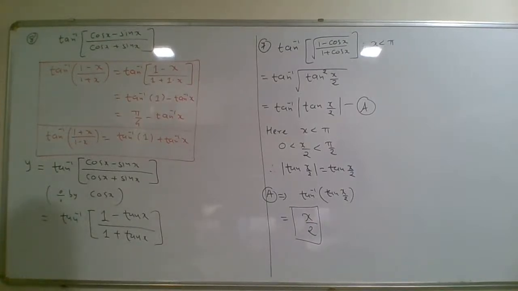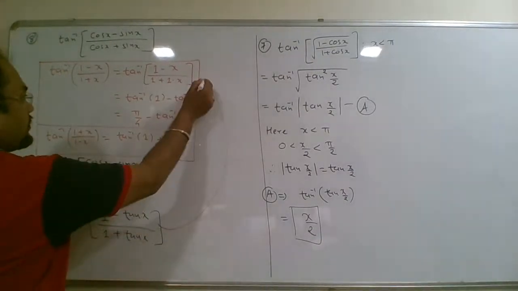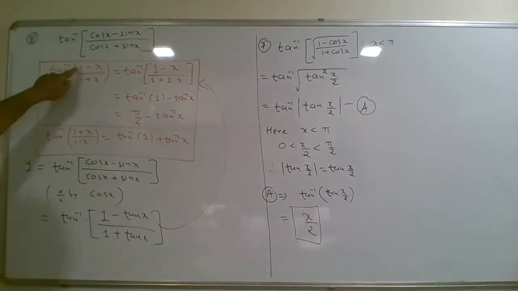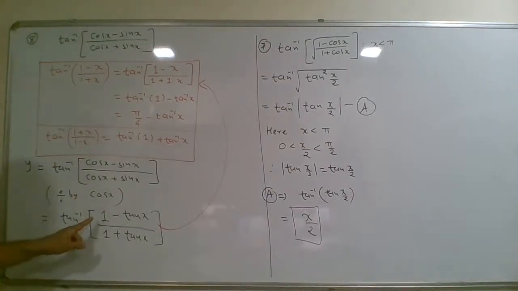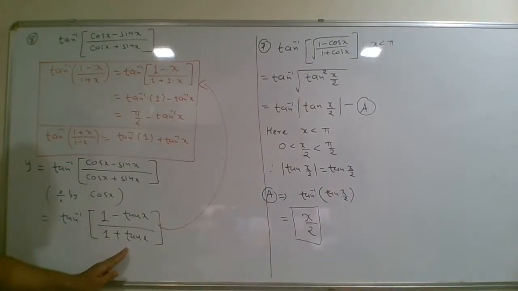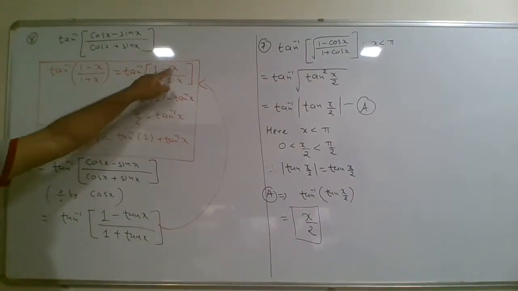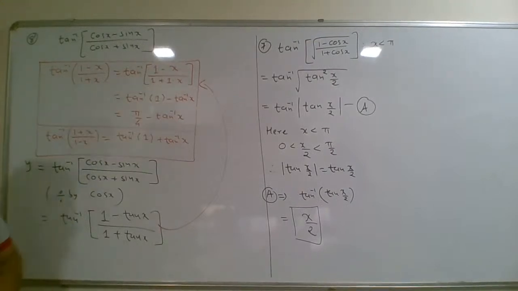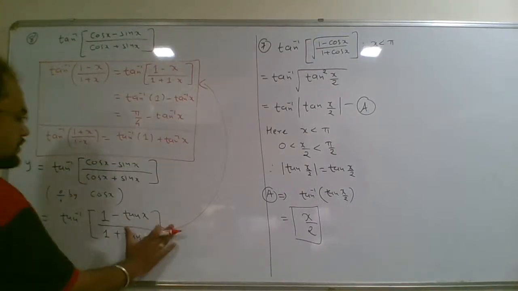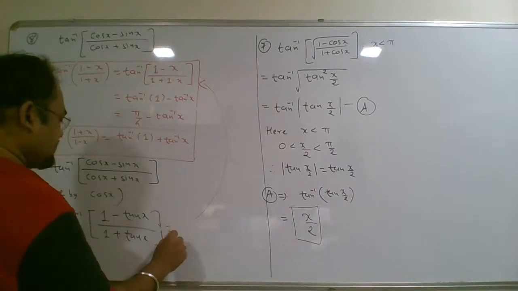Okay, and now it is in the same form. So tan inverse 1 minus x upon 1 plus x, in the same way tan inverse 1 minus tan x upon 1 plus tan x. So we can directly write tan inverse 1 minus tan inverse of whatever is in place of x. So applying here, which is equal to what?